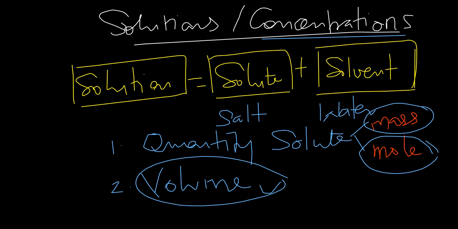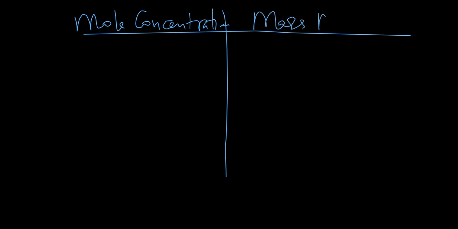So now, solutions concentration can be calculated in two main ways. So it can be mole concentration and it can be mass concentration. So we have two main concentrations. Mole concentration is calculated this way.